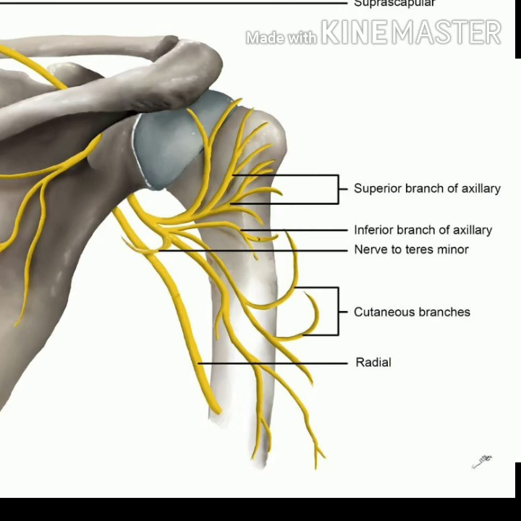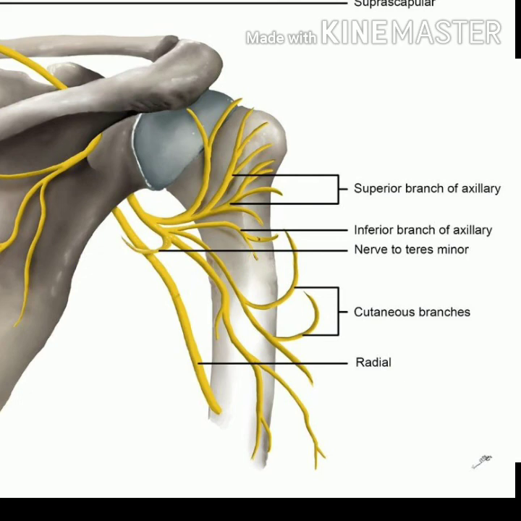The posterior branch supplies the deltoid in the posterior part. We saw there are three divisions of the deltoid muscle: anterior, posterior and lateral. The posterior branch supplies the posterior part, and it also supplies the teres minor muscle.